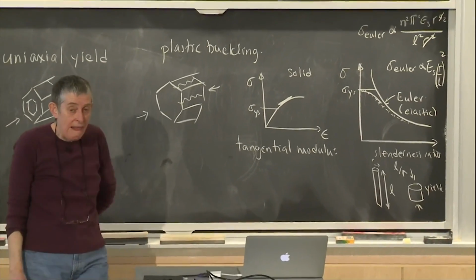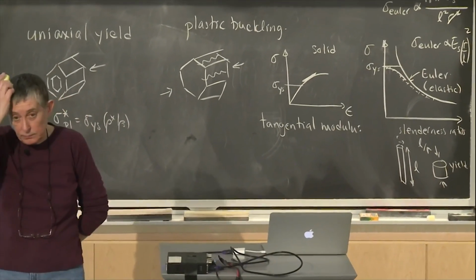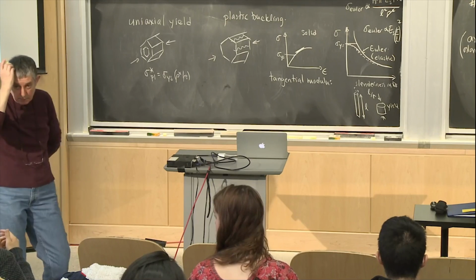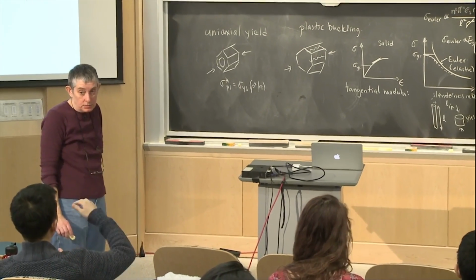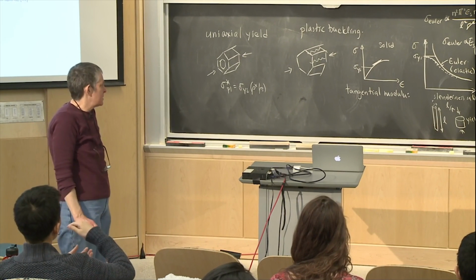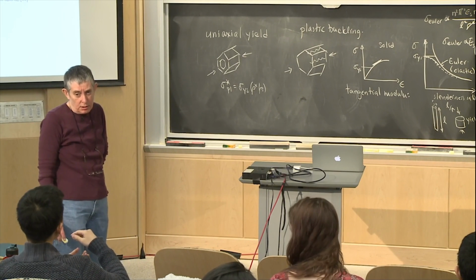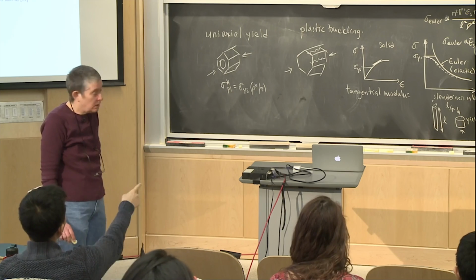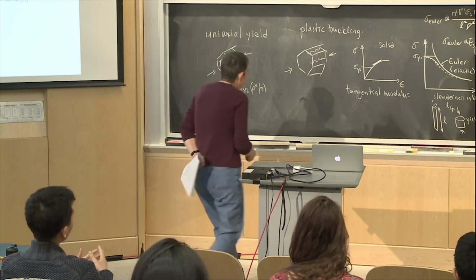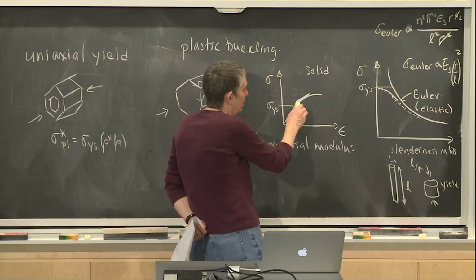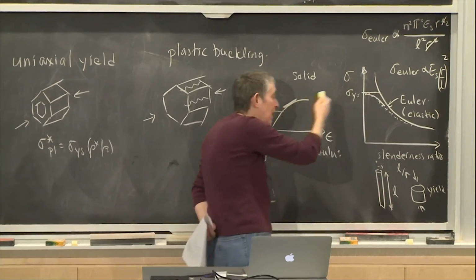Plastic buckling can. Okay, so if you unload plastic buckling, you actually get some of the elastic part back. You're not going to get much back. Because once you get to plastic buckling, you're very close to this.